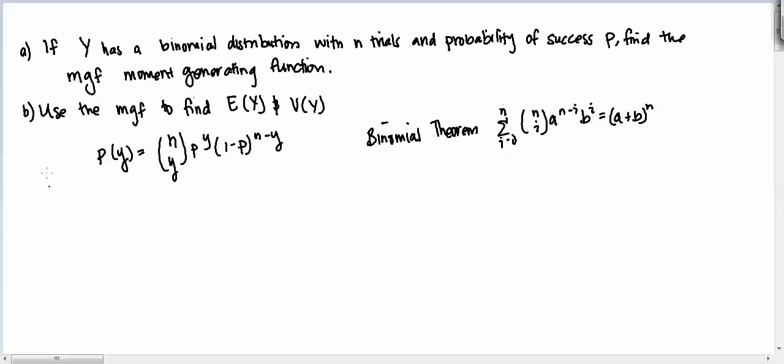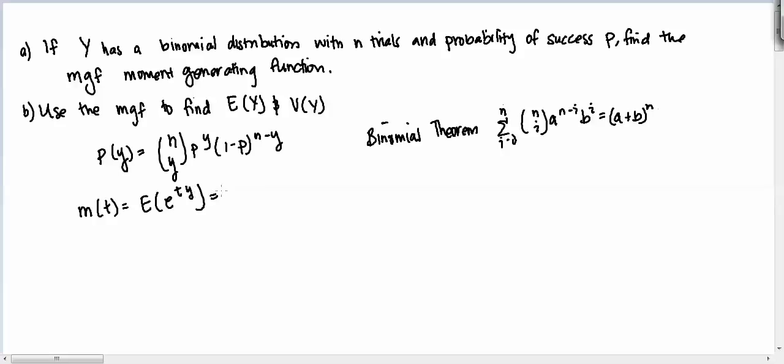All right, so going into deriving the MGF, the equation says that your moment generating function as a function of t is the expected value of e to the t y.